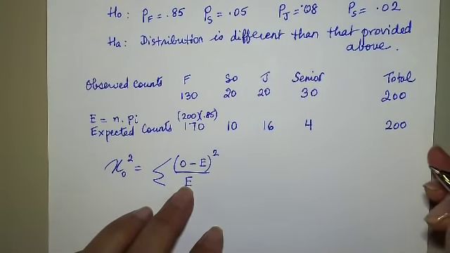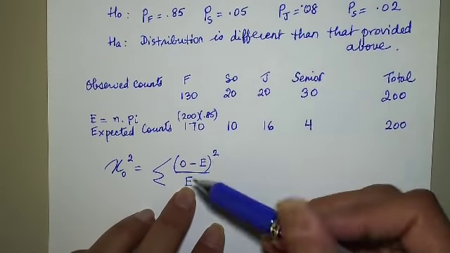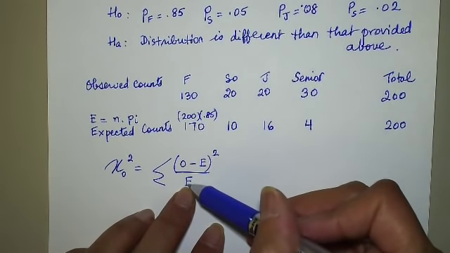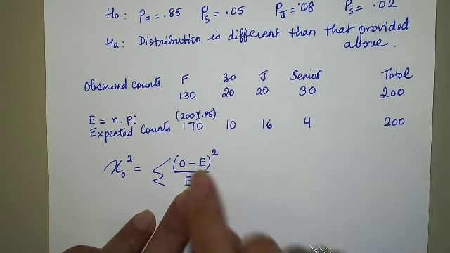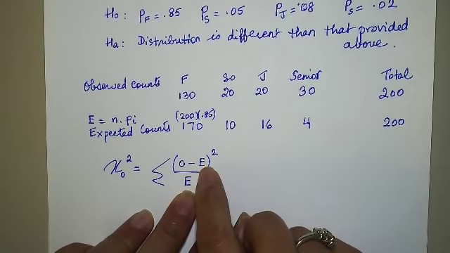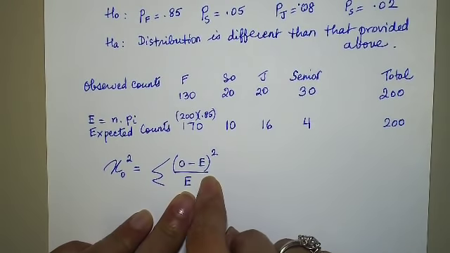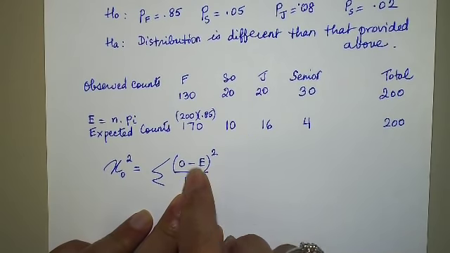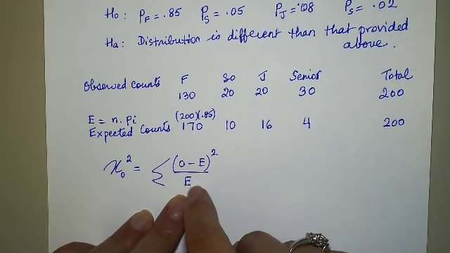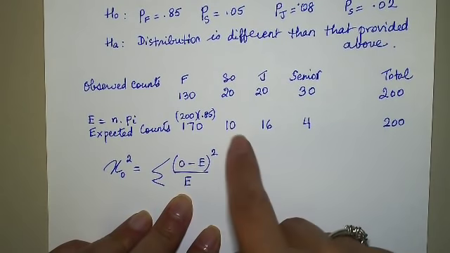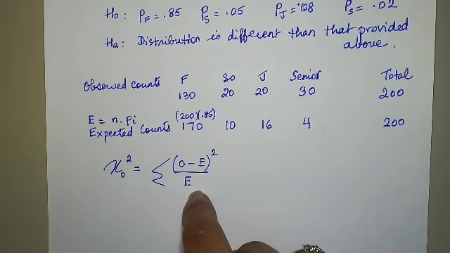Follow me? And then this division by E is because you want to put this difference squared with respect to the expected counts. Because if the expected counts are too small, it unduly blows up the chi-square test statistic, whereas if the expected count is large, then this difference squared over the E could be minimal.